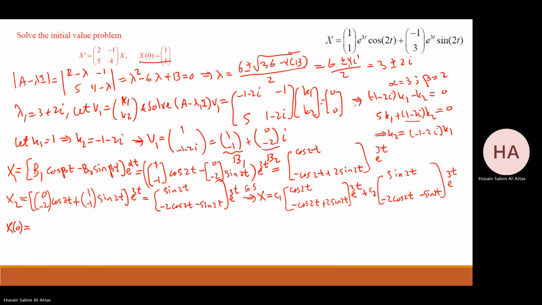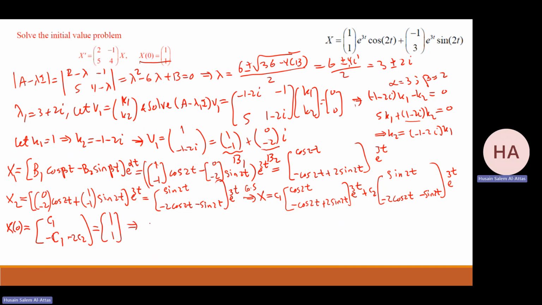X at 0 will be what? Cosine 0 is 1, that will be C1. Sine 0 is 0, gone. In the second row, minus 1. Sine 0 is 0. So it's minus C1 minus 2C2. And that is equal to 1, 1.